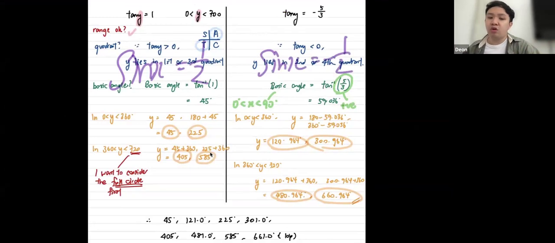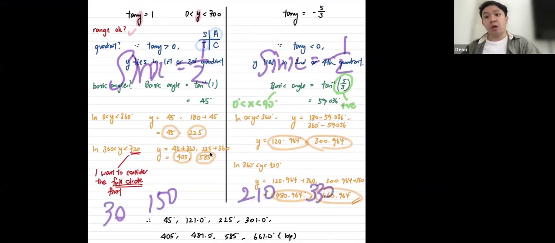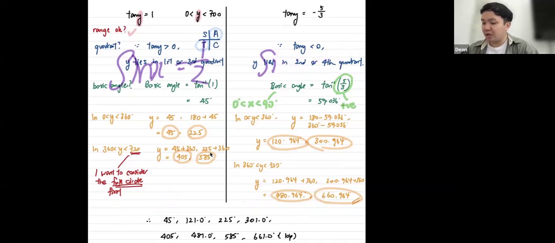At the end of the day, I'll get 30, 150, 210, and 330. Then you realize I only want from 0 to 180, so these two are wrong, and I reject them. Make sense? I'm just doing it earlier because I already know sine must be positive from 0 to 180. So it's a bit of a shortcut. Don't need to do everything.